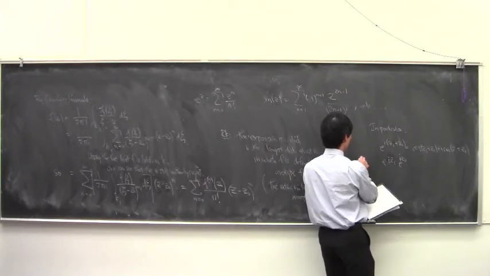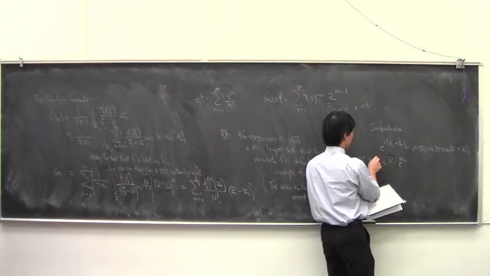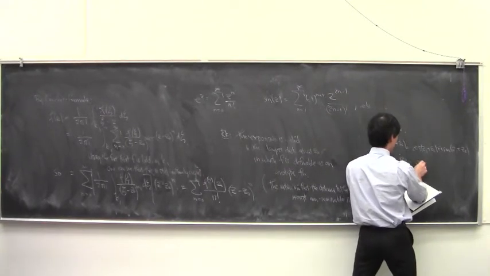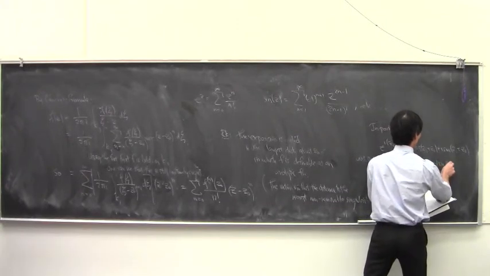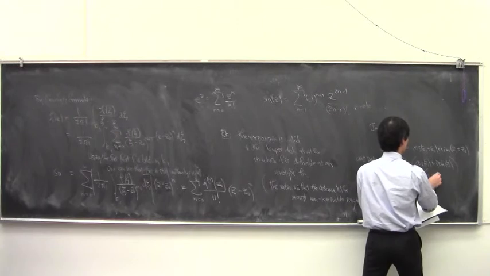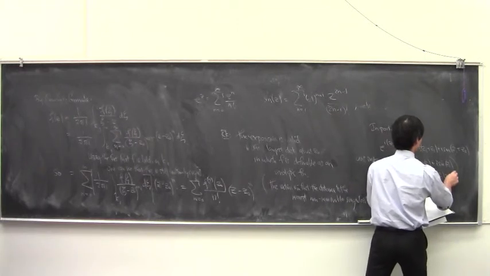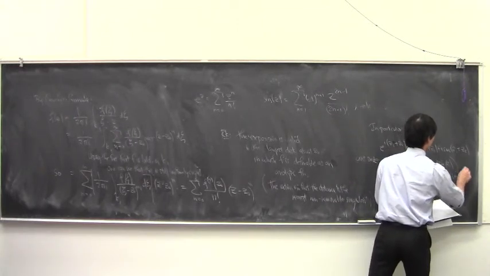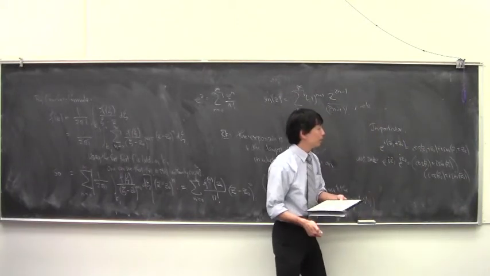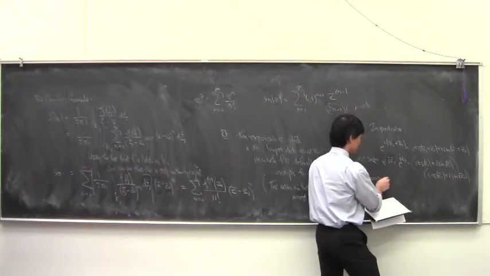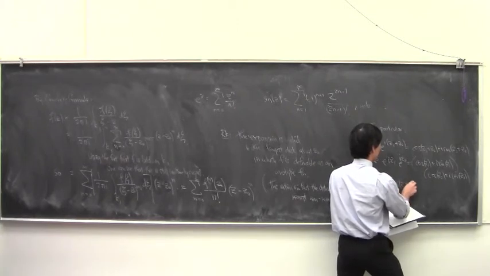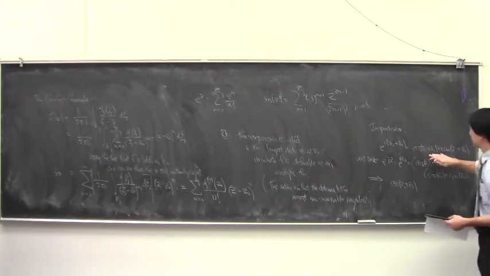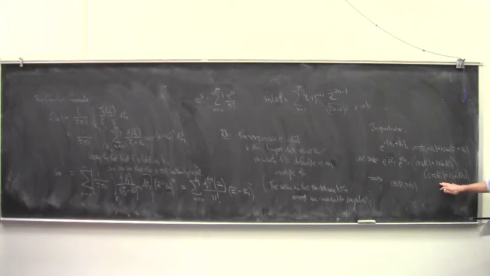And since this equals cosine z1 plus i sine z1, times cosine z2 plus i sine z2, what you get is that this is equal to this.